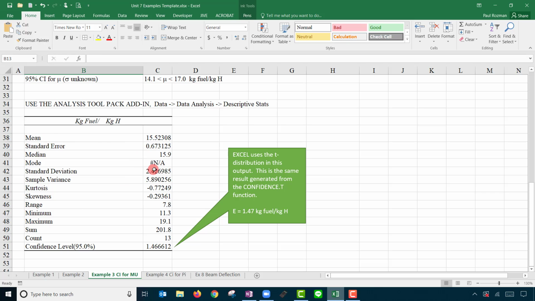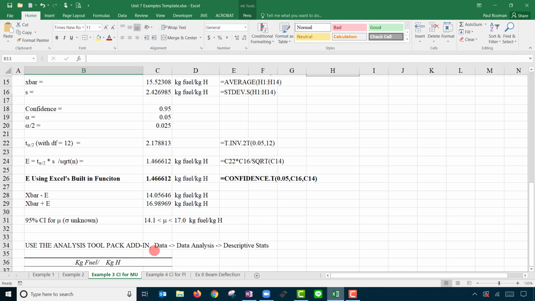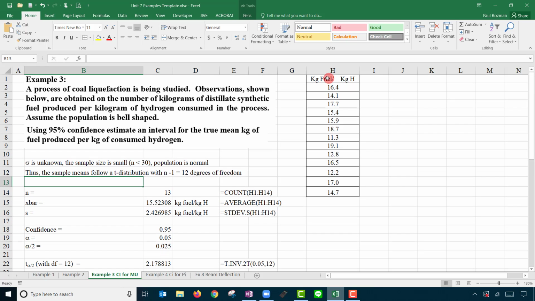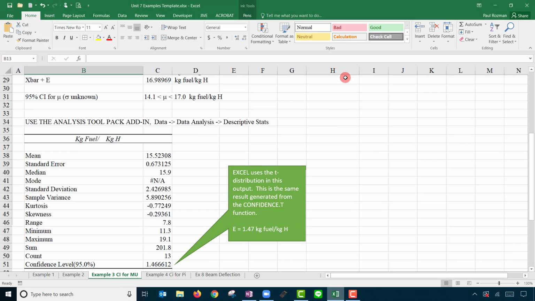It had mean, median, mode, standard deviation, variance, max, min, sum, etc. But if you look at the bottom of that output, it also gives the confidence. The label isn't great. It says confidence level 95%. It's giving you the error. So basically all I had to do was input this data, and then Excel outputs this chart.